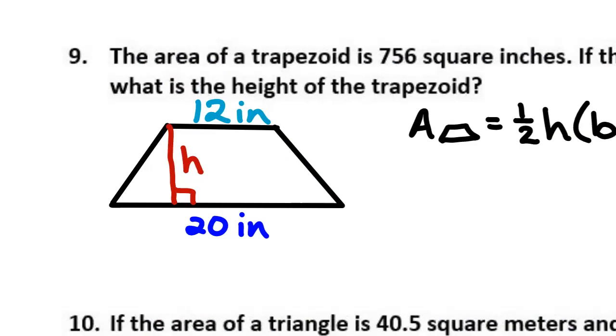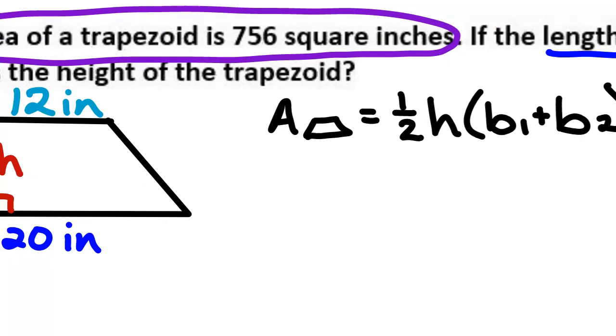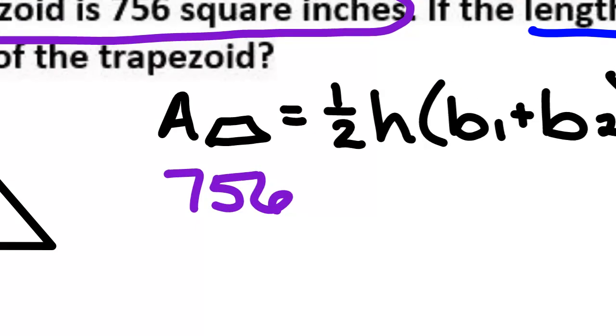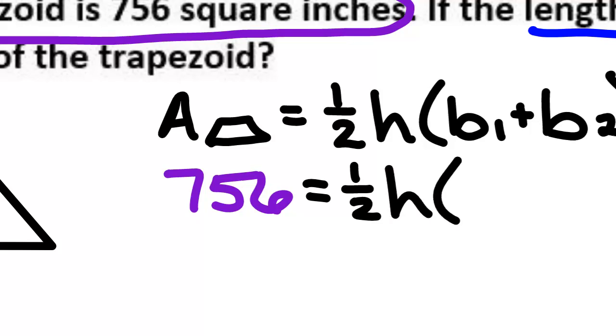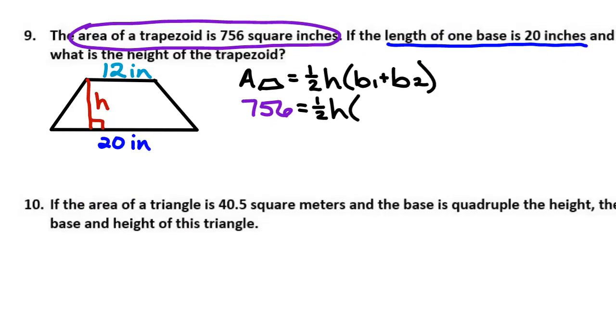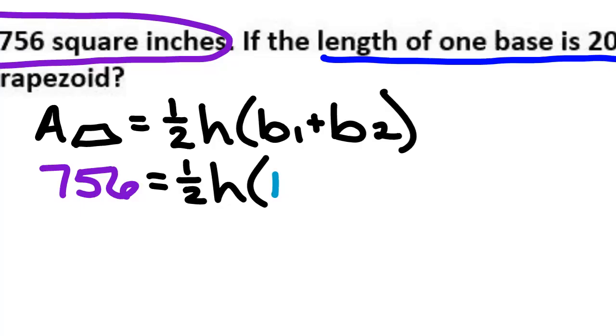In the place of the area, we are going to put 756. So 756 equals 1/2 h times B1 and B2 are 12 and 20, and it doesn't matter which one I put where because we're adding them together.